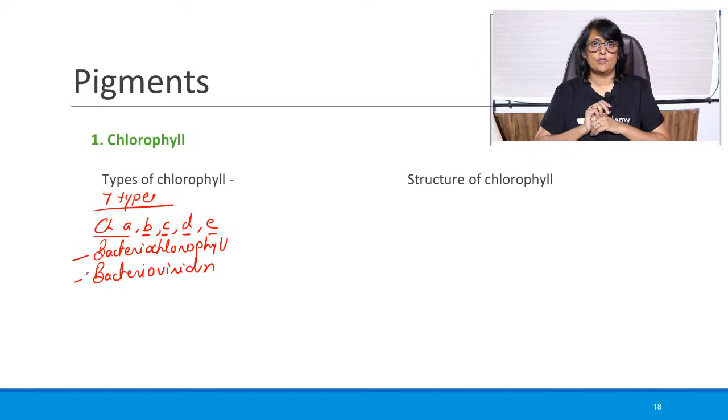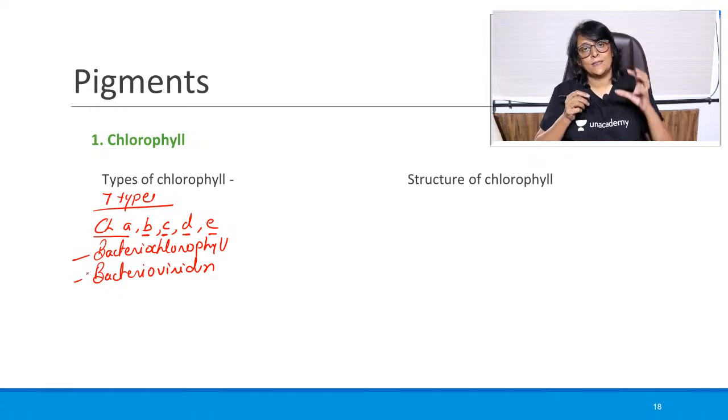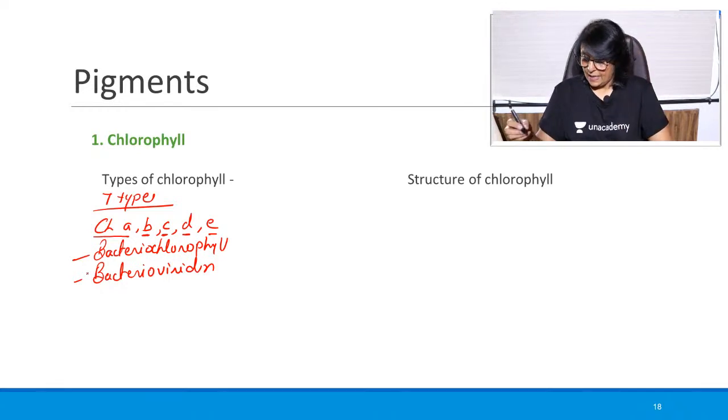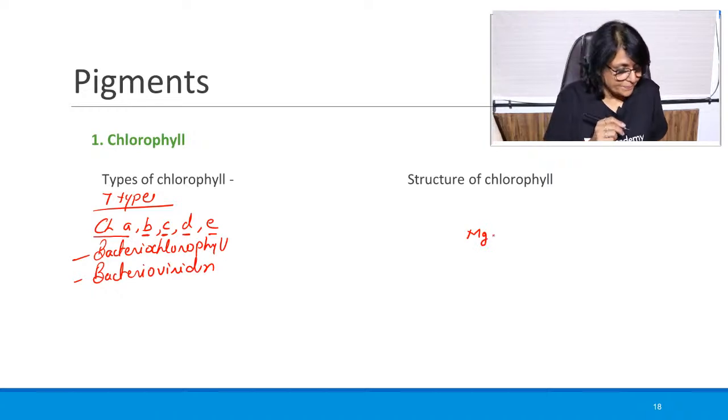What is the structure of chlorophyll? Chlorophyll molecule has 2 parts. There is one head and there is a tail. In the center of the head, there is magnesium.